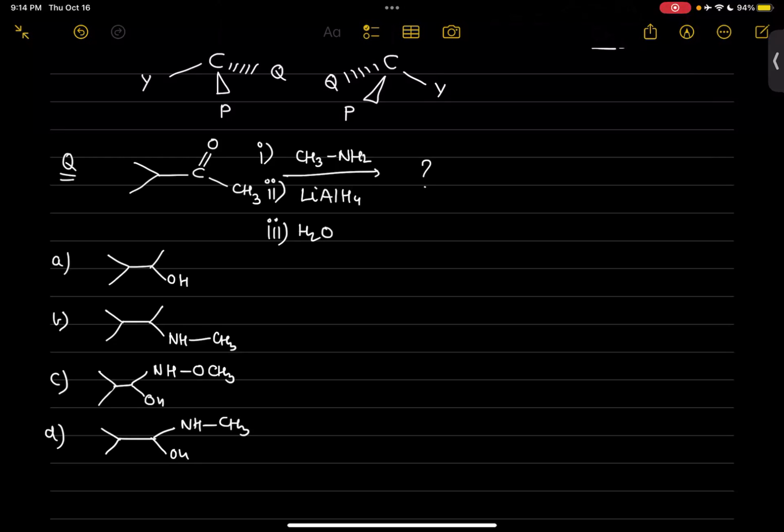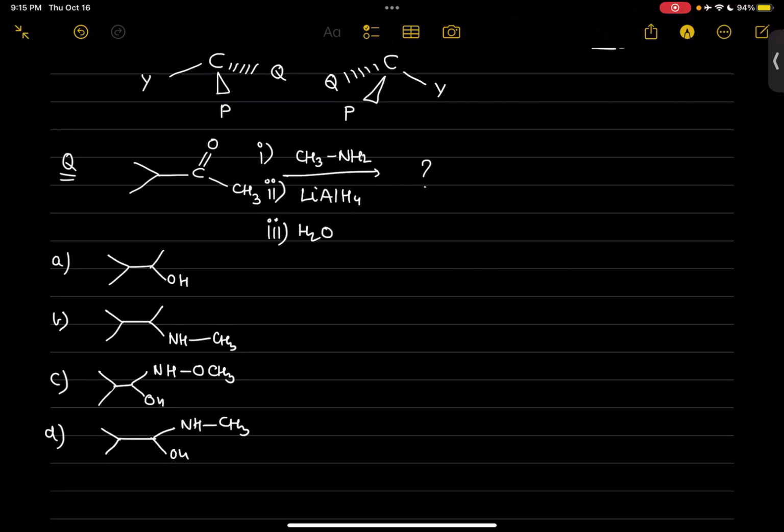So what we do when we treat a doubly bonded oxygen containing compound with any ammonia derivative, you remove water. Got it? So we remove H2O and we form a carbon double bond nitrogen. So this will help you to get the answer of the first part.